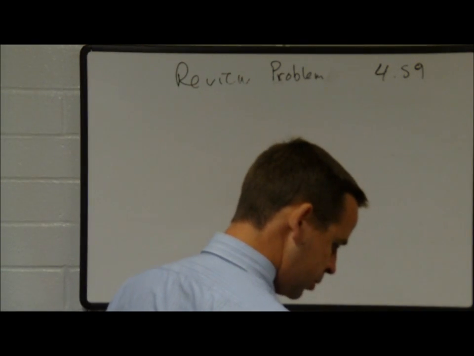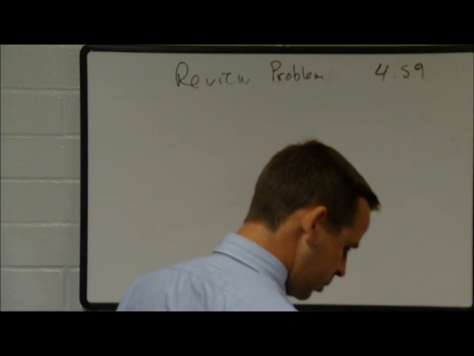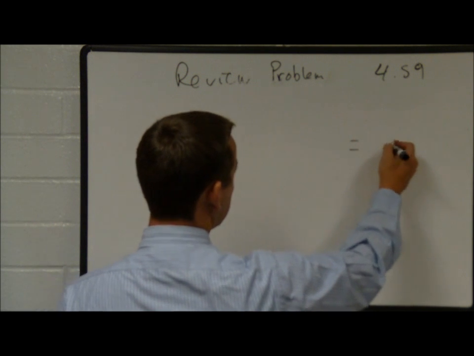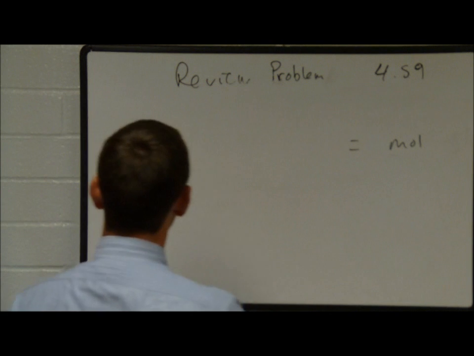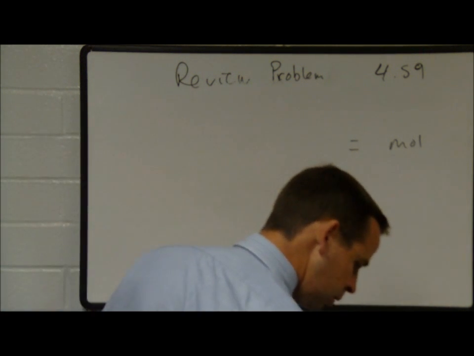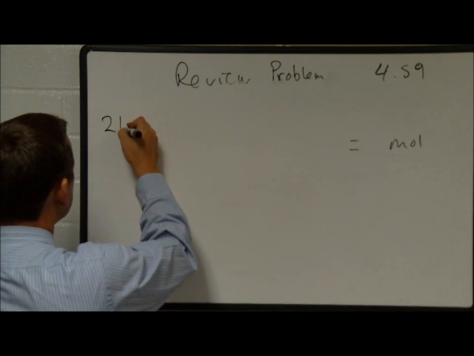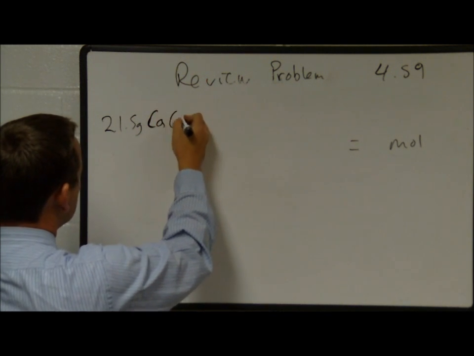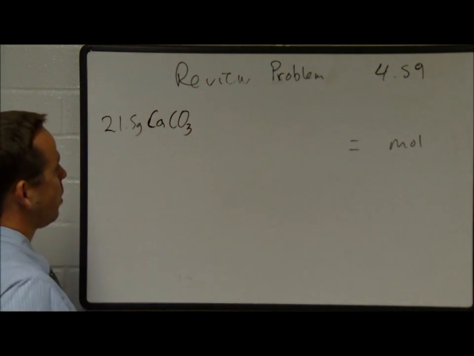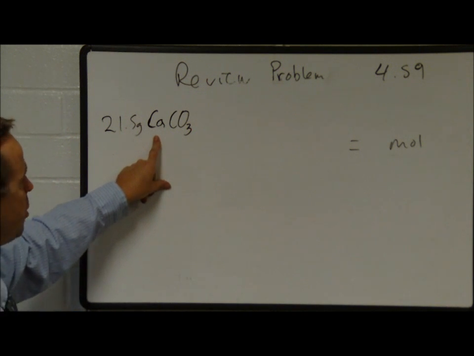Calculate the number of moles of each compound in the following samples. So now we're doing the same thing, but we're solving for moles of that compound. Calcium carbonate. How many grams of it? 21.5 grams. Calcium carbonate, right? Calcium has a +2 charge by looking at the periodic table.